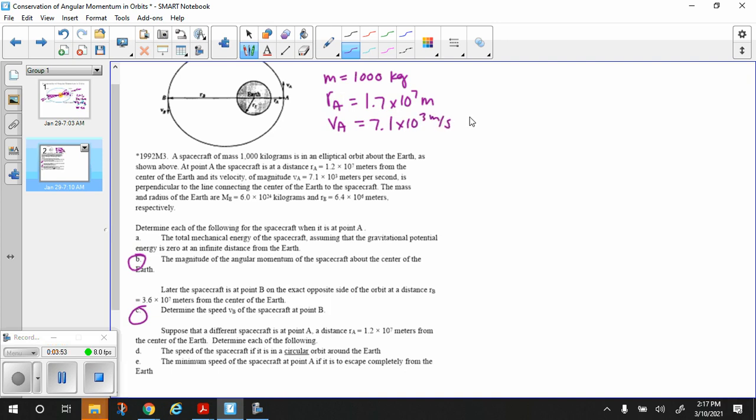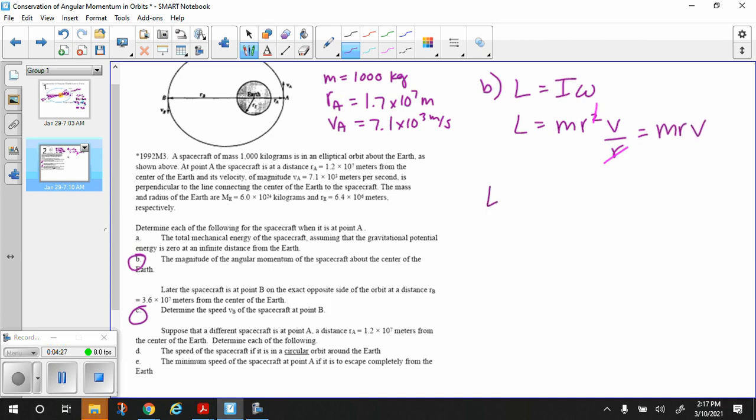So part B here asks for the magnitude of angular momentum. And so to do that, we are going to just do L equals I times omega. And we know that I is equal to mr squared because we're treating the satellite as a particle, and omega is v over r. And one of our r's cancels, and we're left with m times r times v.